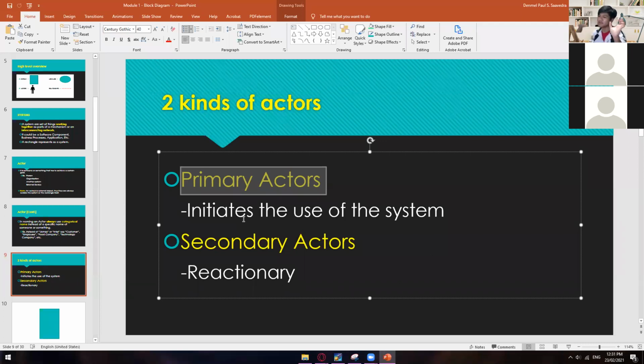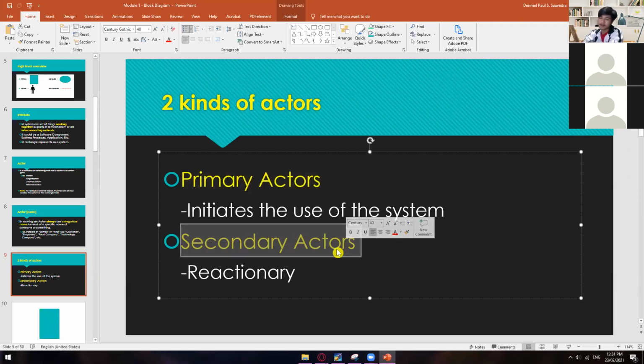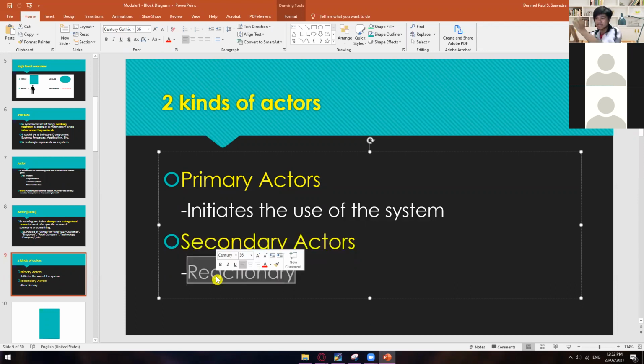In this system, sometimes the output is in the middle, and the right side part is just reactionary, wherein they give their feedback regarding your inputs. They are the ones who decide what output will be shown in the middle, which is inside of the system. So the secondary actors are the company, the server, or the system itself. We call them reactionary.